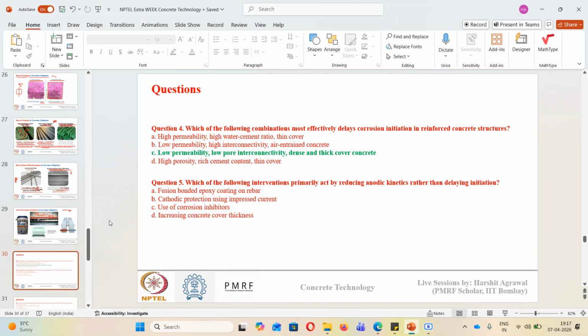So we know corrosion is made of two half-cell reactions. One is the anodic reaction and one is the cathodic reaction. So among these four options, which will reduce the rate of the anodic reaction?